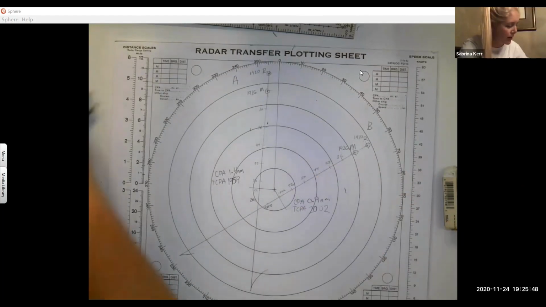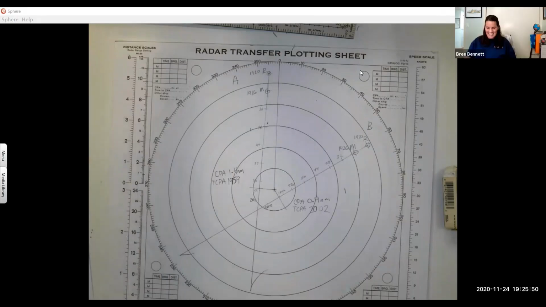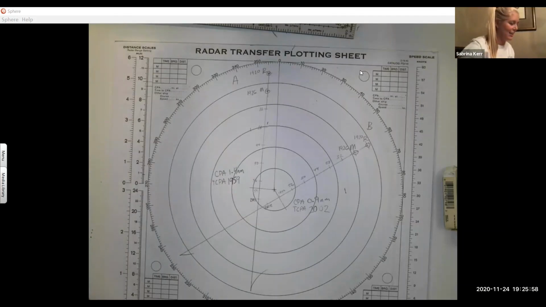Where are we going? We don't need radars? Oh, I was like, what is going on? 8.5.